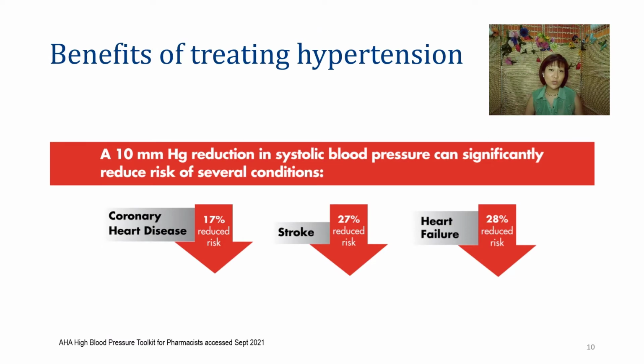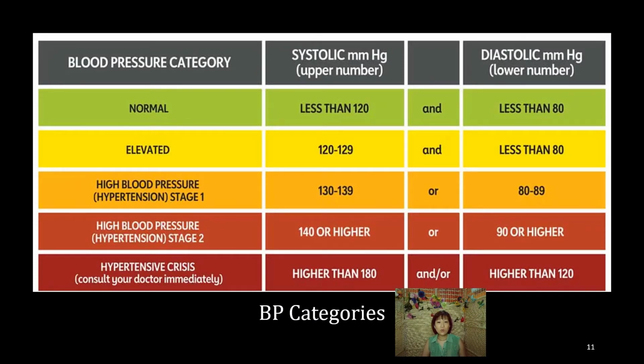So with this chart, I don't want to belabor the point. I think suffice to say that's a huge benefit of treating hypertension. A 10 millimeter mercury reduction in systolic blood pressure can significantly reduce the risk of several conditions like coronary heart disease, stroke, as well as heart failure, and the percentages are over there. So you might see these classifications or categorizations of what is considered high blood pressure.